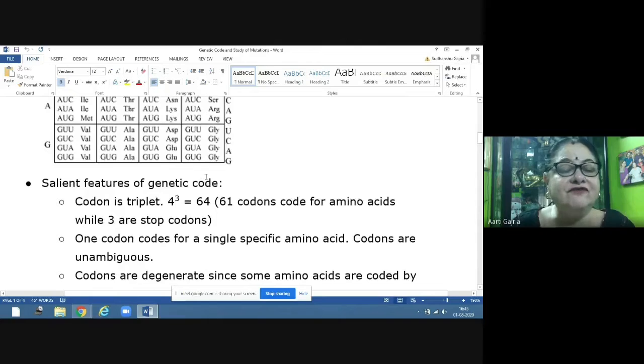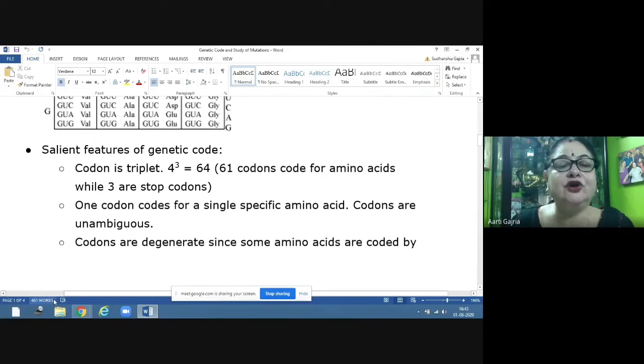Now, what are the features of a genetic code? Codon is a triplet. Triplet means 64 codes can be formed from 4 bases. And out of these 64, 61 codons are coding for amino acids, whereas 3 are not coding for any amino acid, and these 3 are called stop codons.